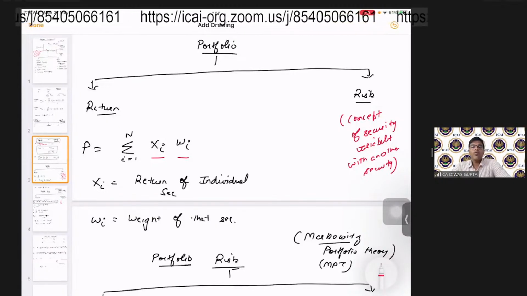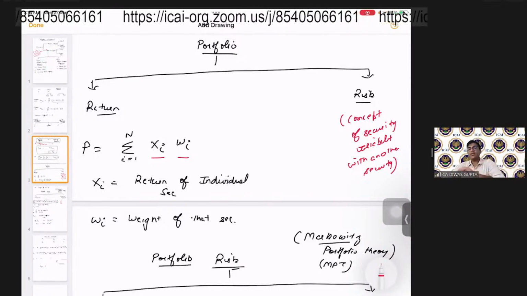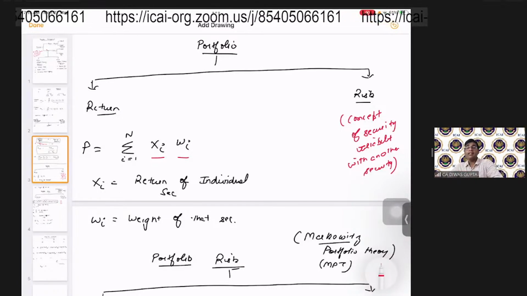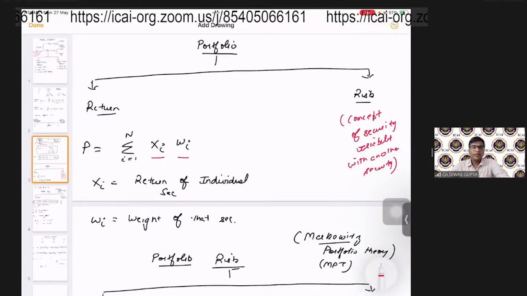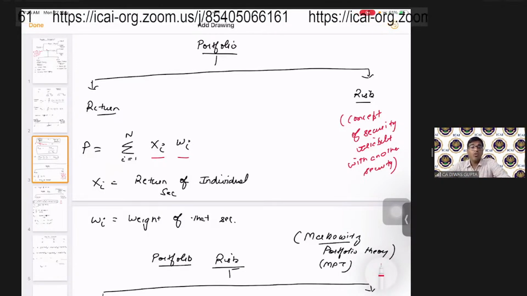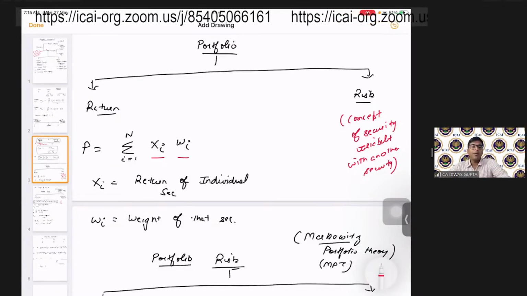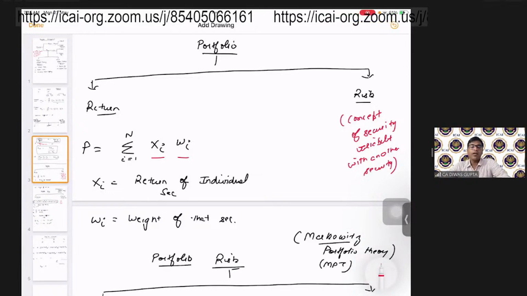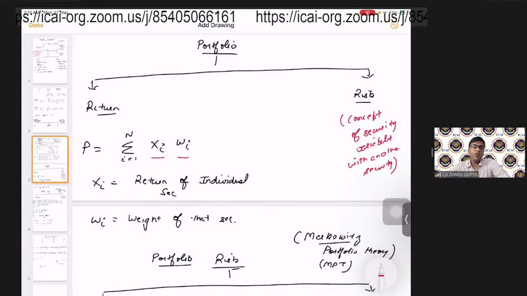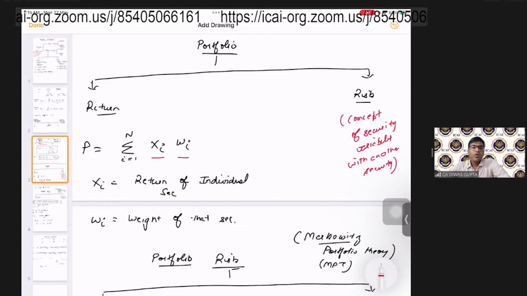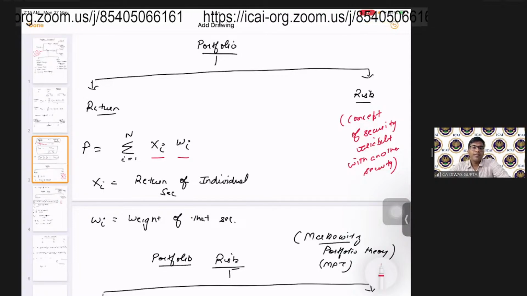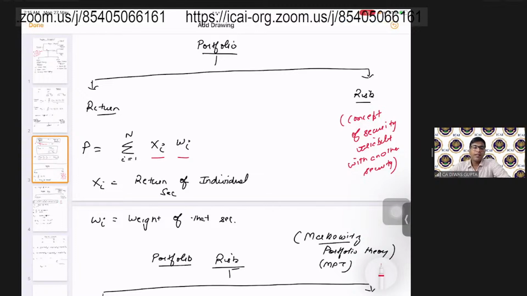So basically, a portfolio is a collection of securities that are scientifically arranged with the help of certain techniques, based on how much our risk objective is and how much our return objective is, and accordingly we derive those portfolios. So Prerna is also saying a group of one or more securities. Yes, Prerna, that is true.